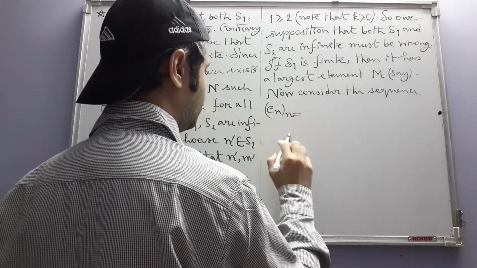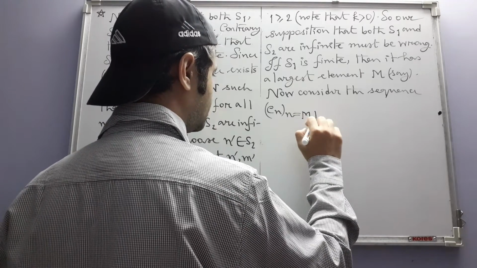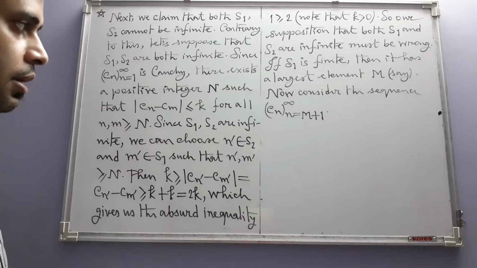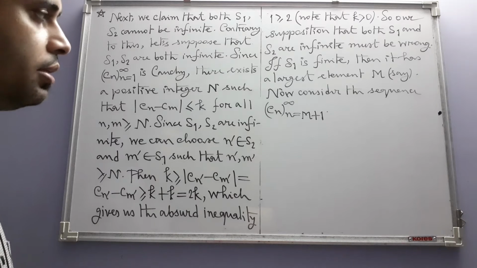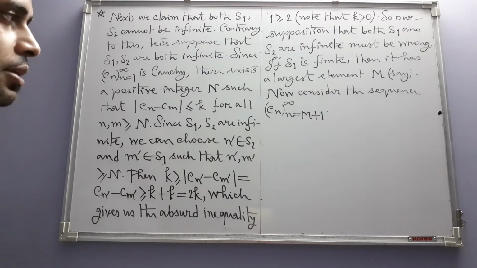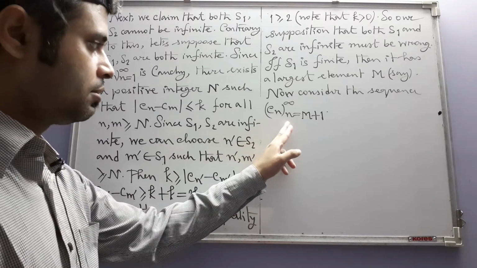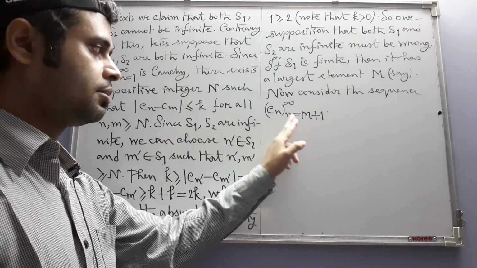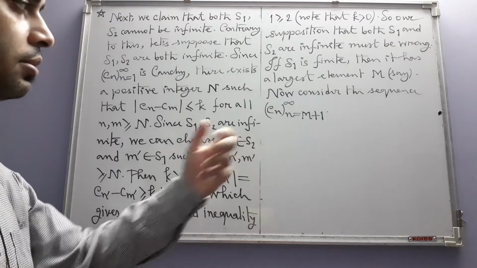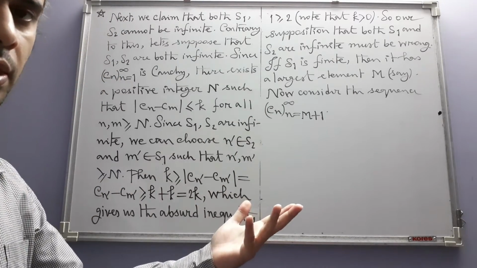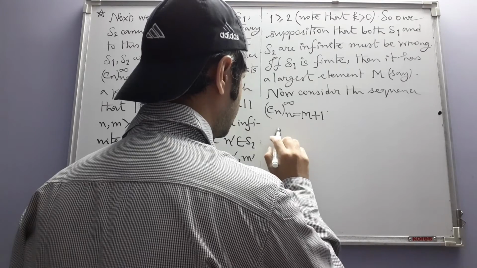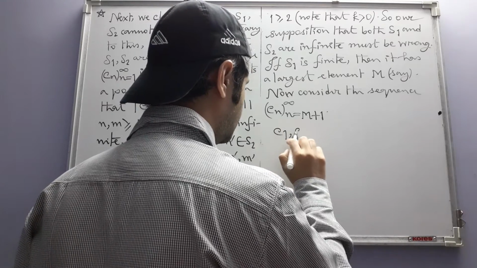Now n, instead of varying from 1, we are making it vary from M plus 1. Clearly this sequence is equivalent to the original sequence Cn. Why? Because starting from this stage M plus 1, the sequence is identical to the sequence Cn. That is, it's like this. The original sequence Cn looks like this.